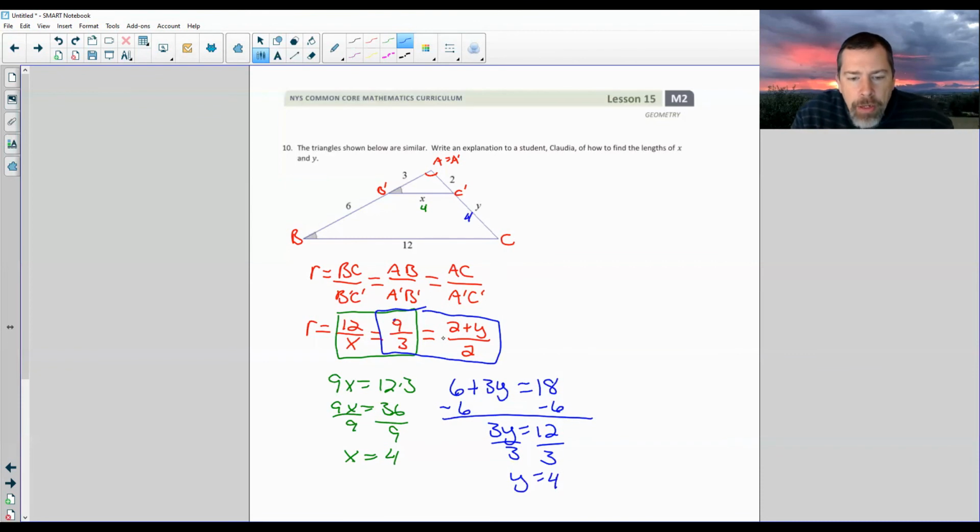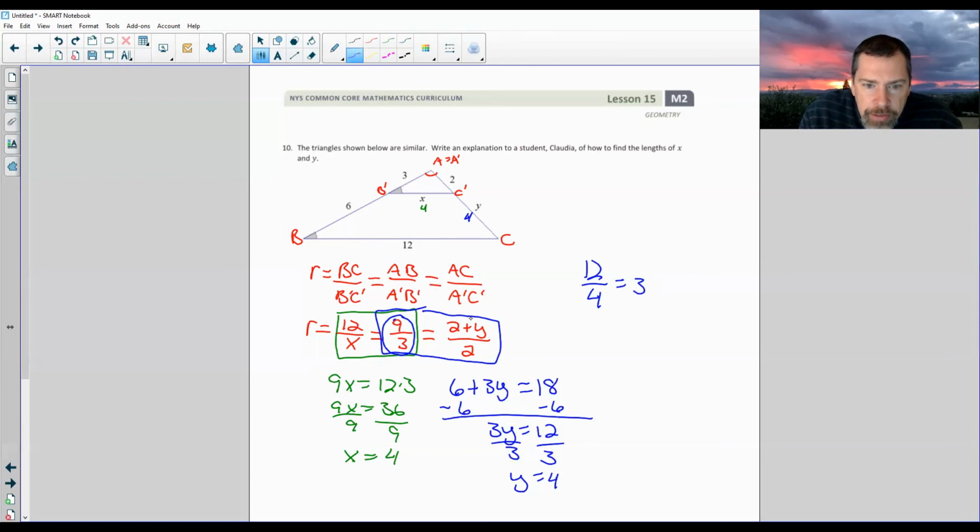Okay, I'm going to check. So if AB is to A prime B prime is 9/3, then my other one, my BC, is 12 over B prime C prime, which is 4. Well, 12 divided by 4 is 3. 9 divided by 3 is 3.